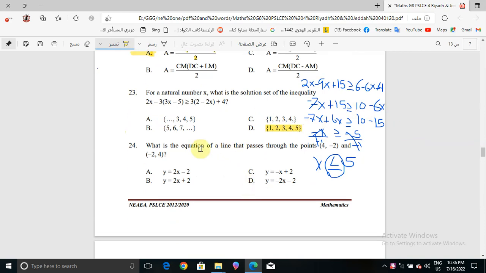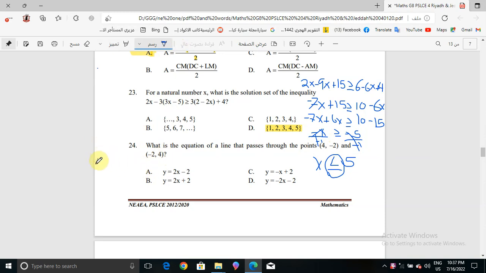Now question number 24, it says what is the equation of a line that passes through the points 4, negative 2 and negative 2, 4. Okay, let's write it together here. We have 4, which is y1, 2, which is x1, negative 2, which is y2, 4, which is x2.